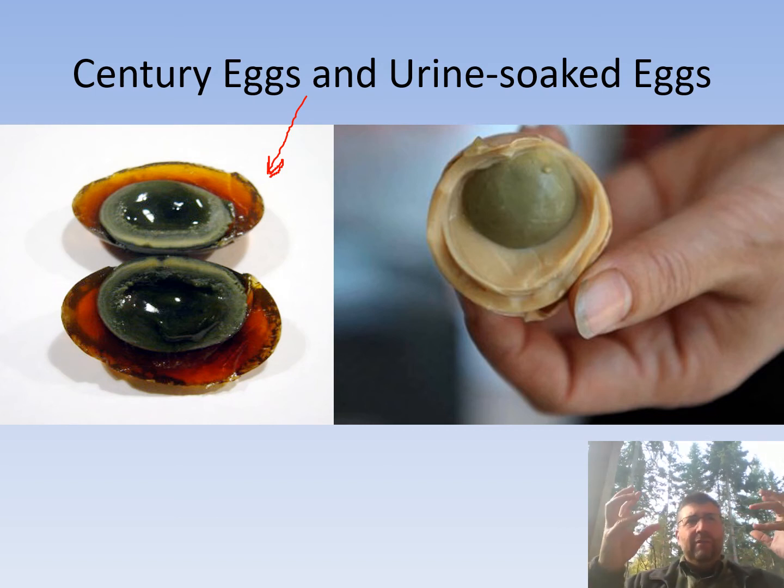During that process, the basic substances come in and change the arrangement, the hydrogen bonding of the proteins that made up the egg, and they cause them to become this jelly-like substance. You can see the color has changed, and that is considered a delicacy in several Asian countries.